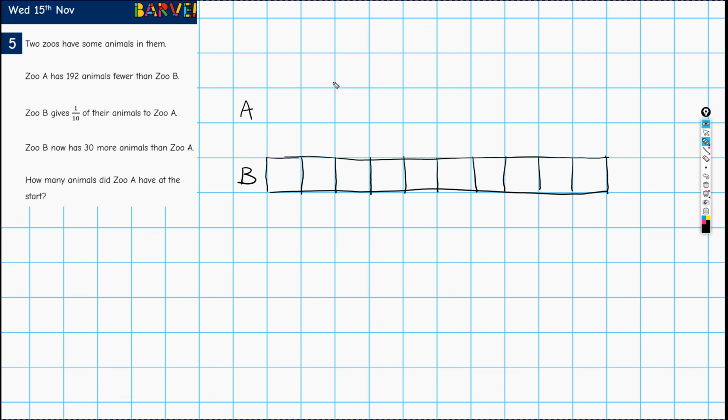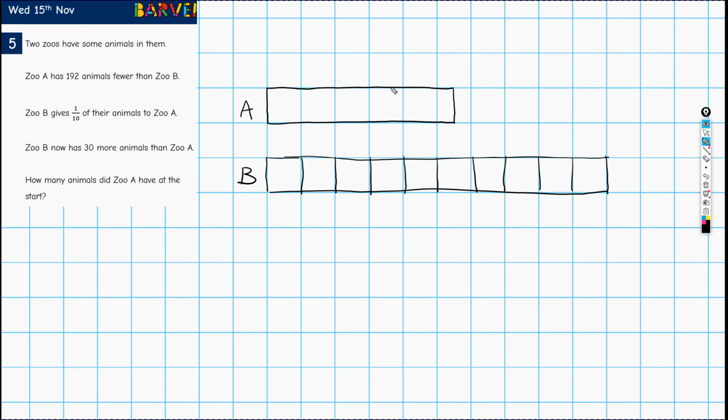Okay, and then we're told that Zoo A has 192 animals fewer than Zoo B. So I am just going to draw a smaller block. And I'm going to avoid stopping at one of my squares. You might be using blank paper, but I just want to make sure I don't mislead myself to think that the difference is equal to equal parts.